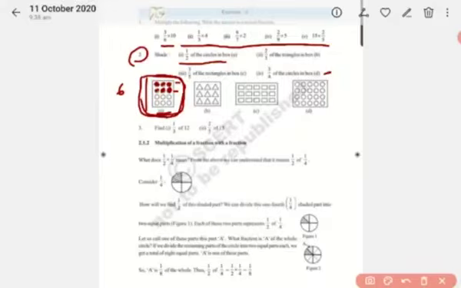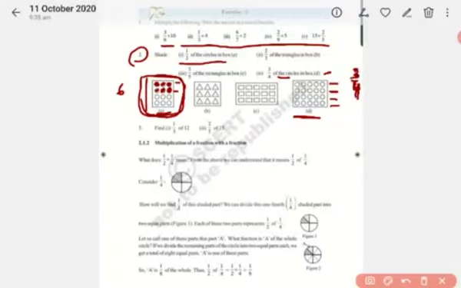Okay, let me take the last one. 3 by 4th of the circles in the box D. So in this box D, they're asking us to shade 3 by 4th of the circles. So how do you do this? See, this 4 represents these 4 rows. Okay, so in each row you have how many circles? 1 2 3 4 5. Okay, so what they are asking us, from each row you need to circle 3, isn't it?